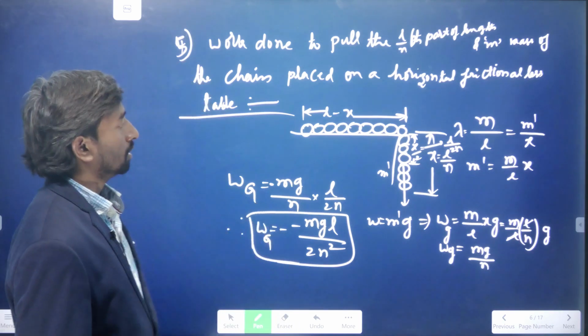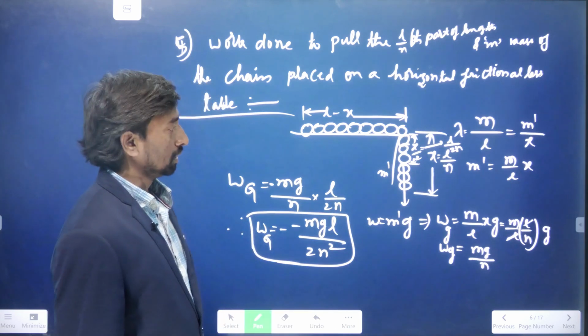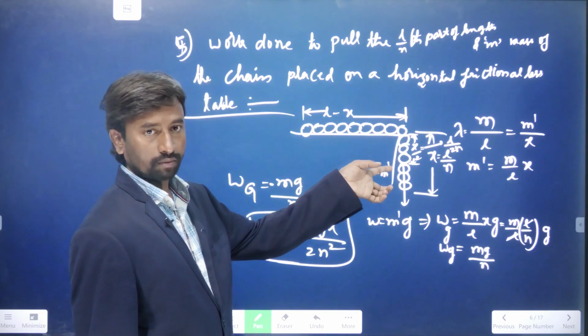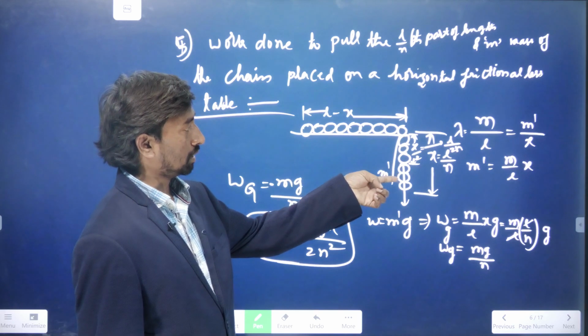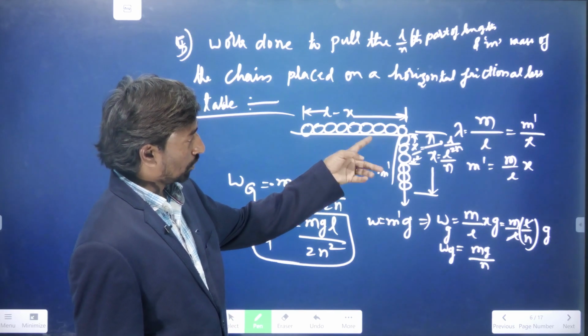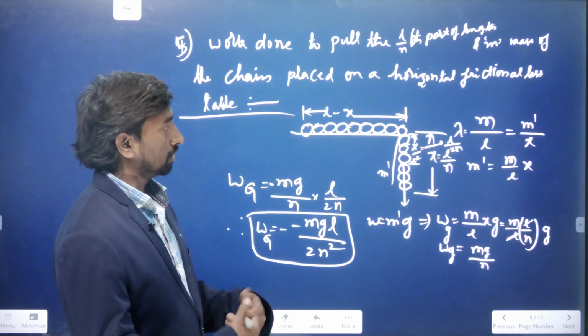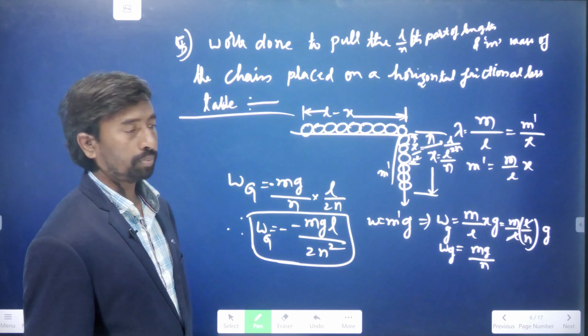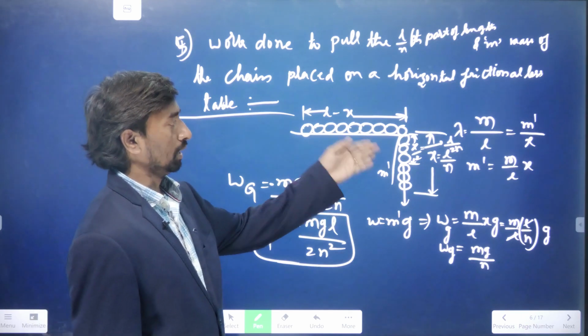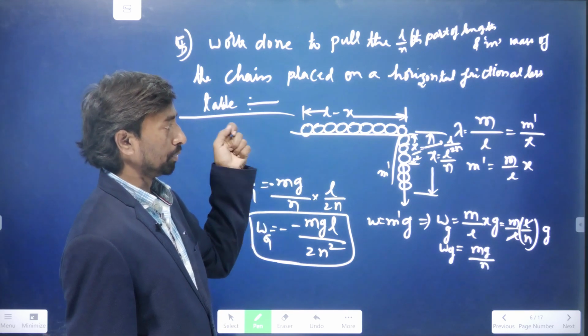And suppose this is the L by nth part which is hung over the edge of the table. So from this hung part, only L by n1th part of the chain has to be lifted, not the whole length. Part of the chain has to be pulled upwards.